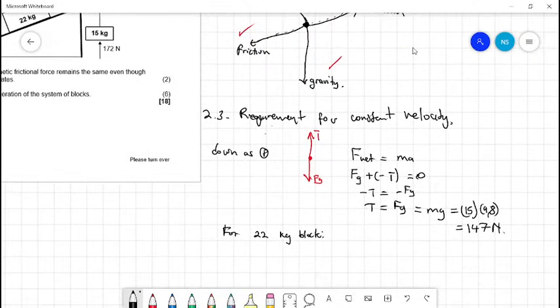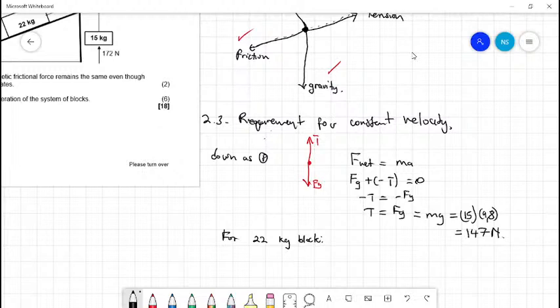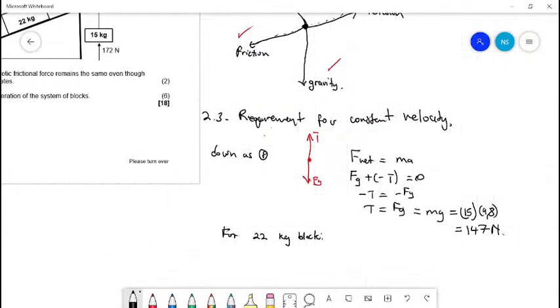So F net equals MA. And remember, this system is moving at a constant velocity, which means MA still gives us 0.